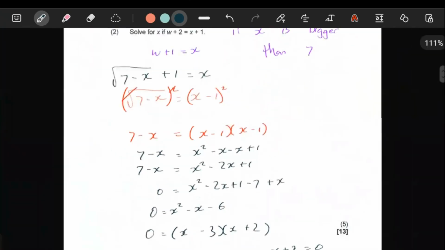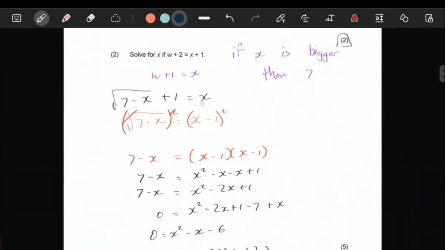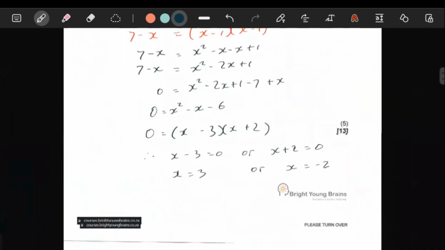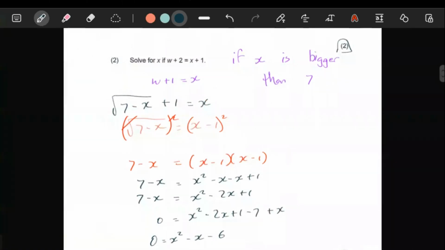But you have to test them in this equation here. They have to balance out this equation. If they don't balance out this equation, you have to disregard it. So let's try the 3 first. So square root of 7 minus 3, right? Obviously, if you add a 1, that's going to give you a 3. So those balance out.